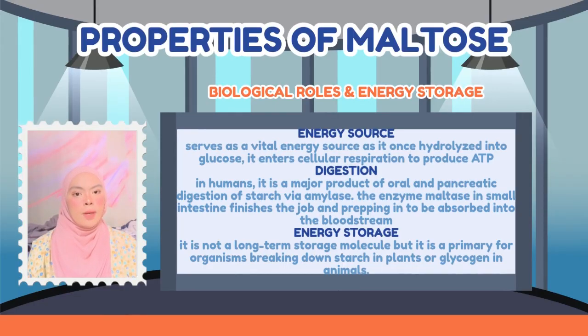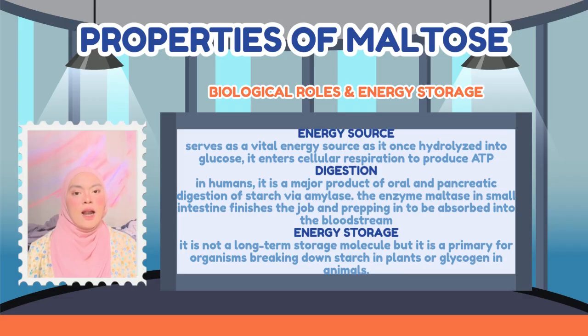Now, why does maltose really matter to you? It is all about the breakdown of energy. When you eat starchy food like potatoes or rice, your body can't use that giant starch chain all at once. Your saliva and your pancreas release enzymes called amylase that chop that starch into smaller pieces.